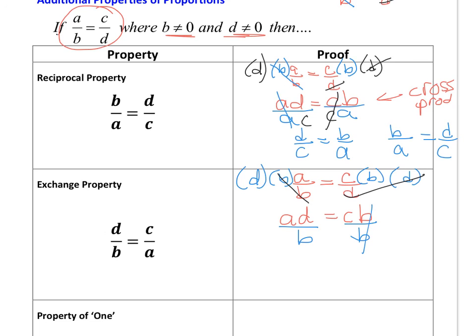And then I have C in the numerator, and I want A in the denominator. So I'm going to do the same thing. I'm going to divide by A, and so these cancel. And there you have it. We've proved that D is to B as C is to A. And so we've proven the exchange property.